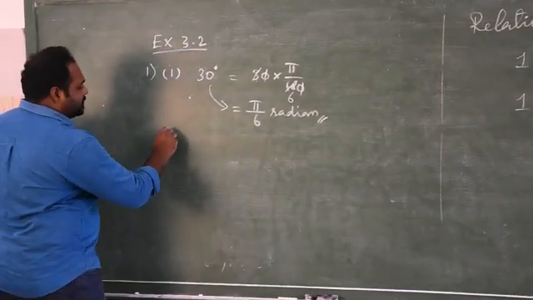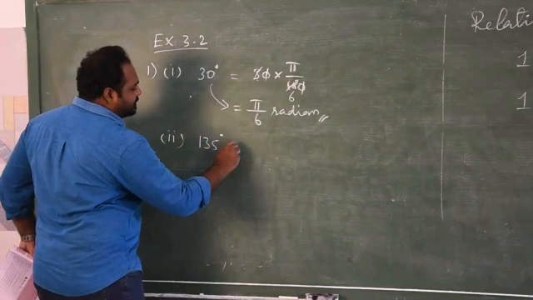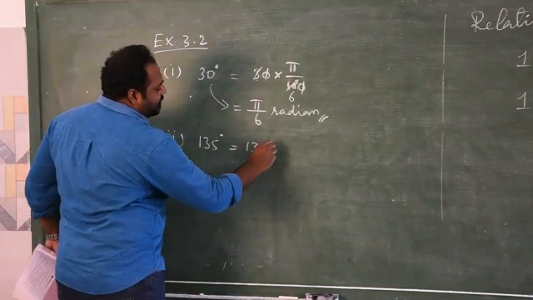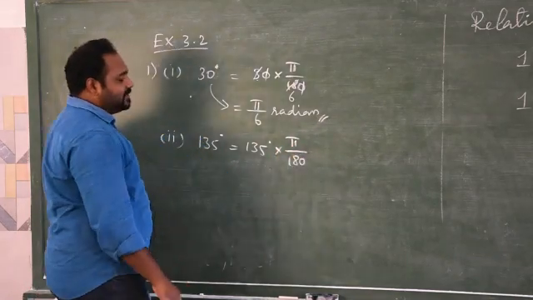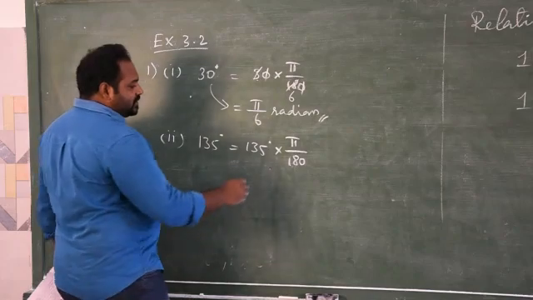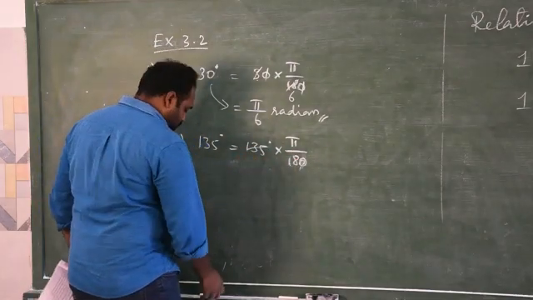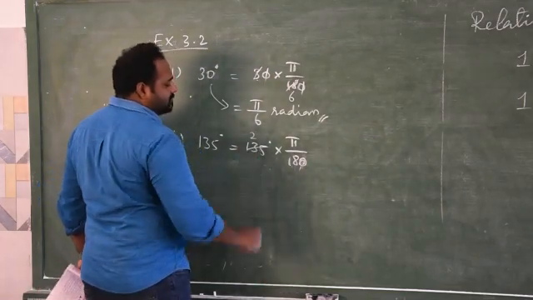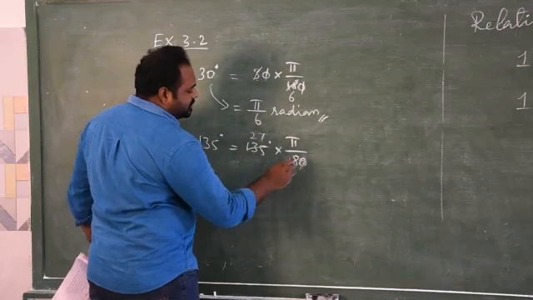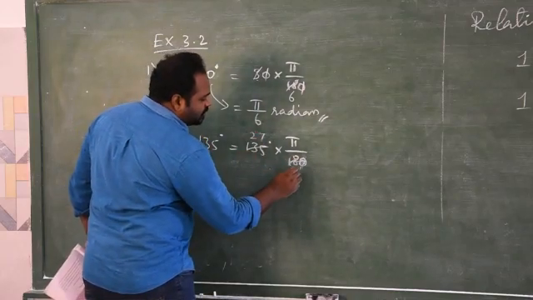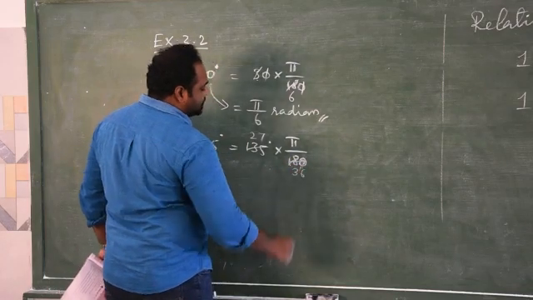The second question, 135 degree. Same like that, 135 degree into pi by 180. So we are going to convert to radian measurement. Here we have a cancellation. 5 table, 2 times 10, 35, 7 times here. 3 times 15, remaining 3, 6 times.